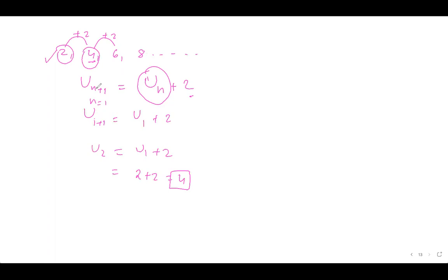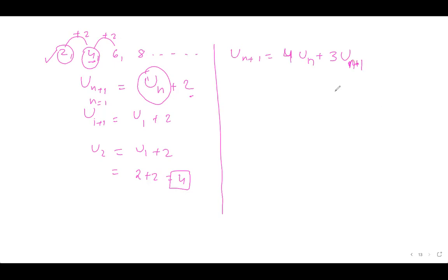Now here you have been given a structural backbone of the sequence, but lots of times you'll get something like this. They'll give you that u(n+1) is 4u(n) plus 3u(n-1).